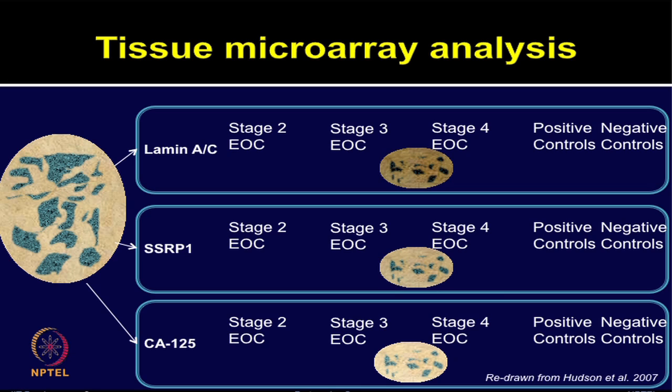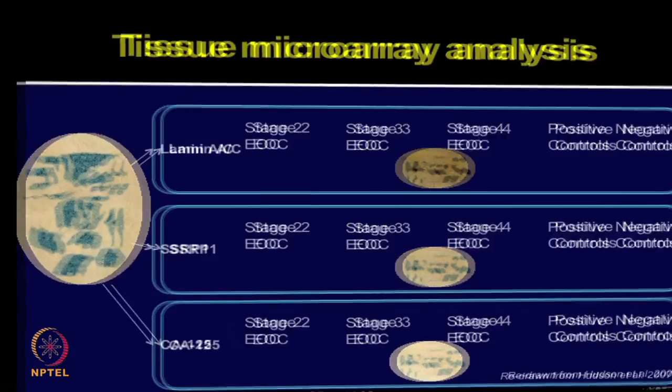Lamin A and C are shown in the top panel, SSRP1 in the middle panel and cancer antigen 125 in the bottom panel. Overall, this was a very interesting study which revealed that these three candidate tissue markers which were immunostained can produce a very robust signature of ovarian cancer in tissue specimens.